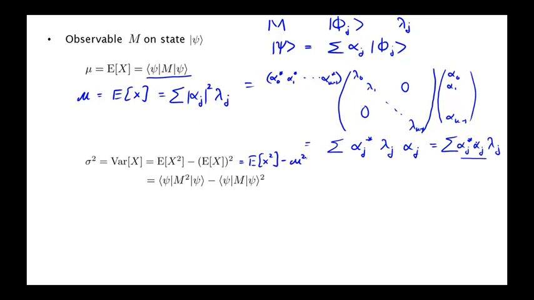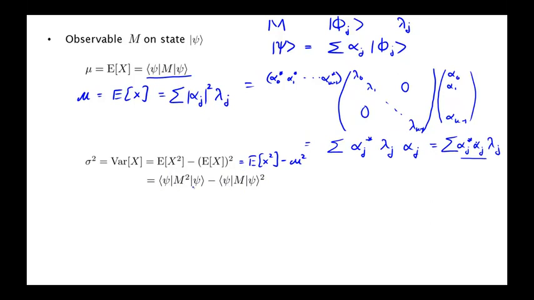So what are we claiming about this? We are claiming it's this bilinear form: bra psi M squared ket psi minus bra psi M ket psi, whole squared. You can see where this second piece comes from. This is just mu squared.